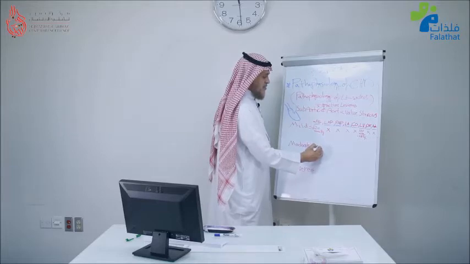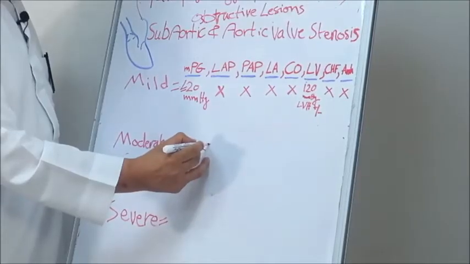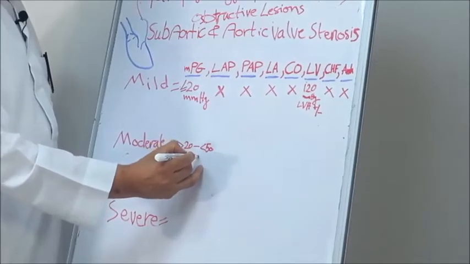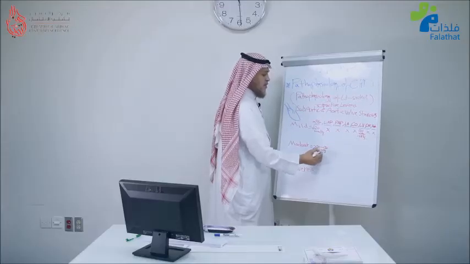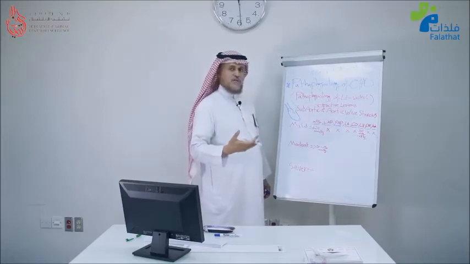So we're talking about a mean of 20 to less than 50 millimeter mercury.